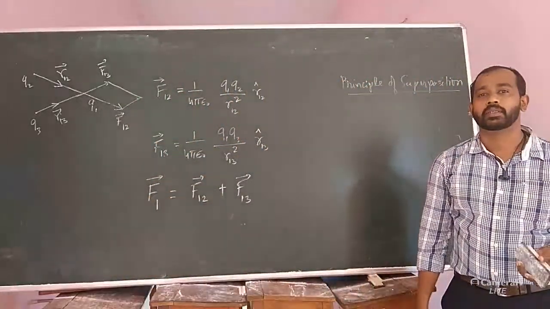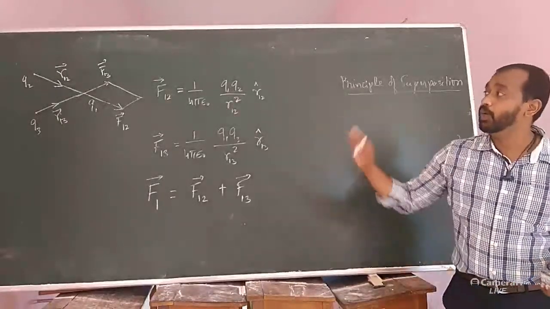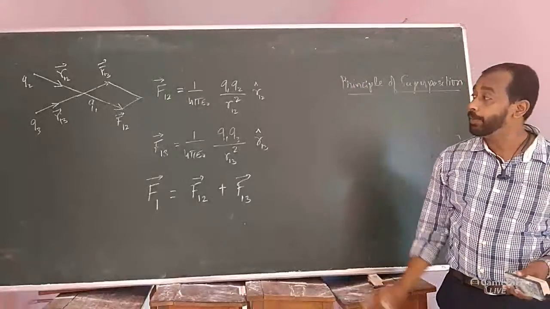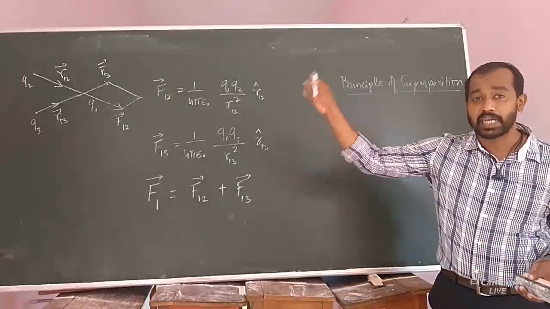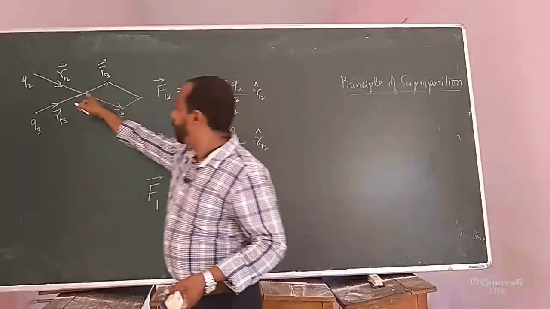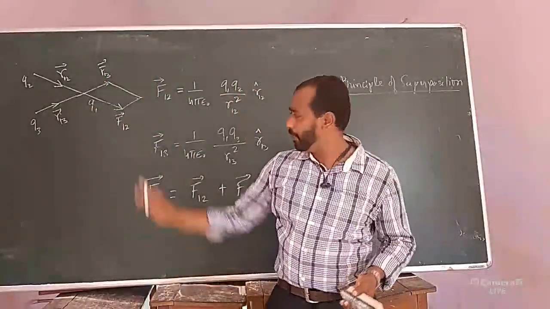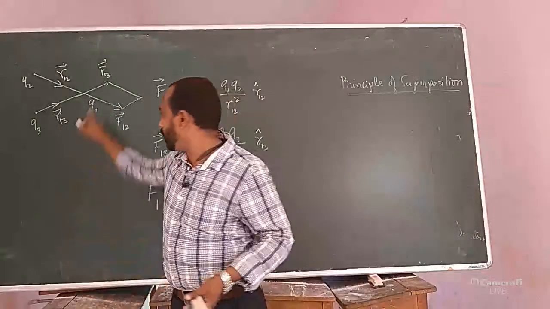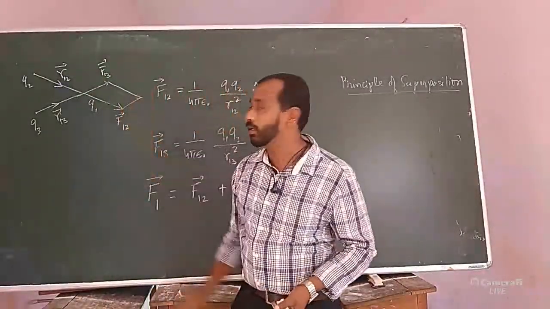representing a parallelogram. Now the sum of these two vectors F12 and F13 will be determined by the diagonal of the parallelogram starting from the common origin. The common origin is this one, where both F12 and F13 are starting. They are beginning from this point. So this is the common origin of these two vectors. From the same point, we have to draw the diagonal.